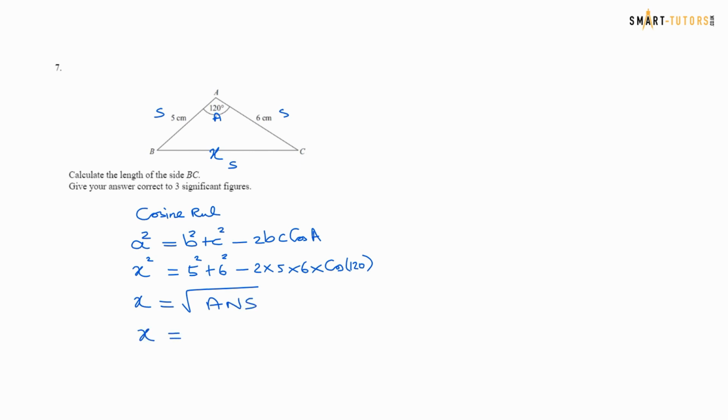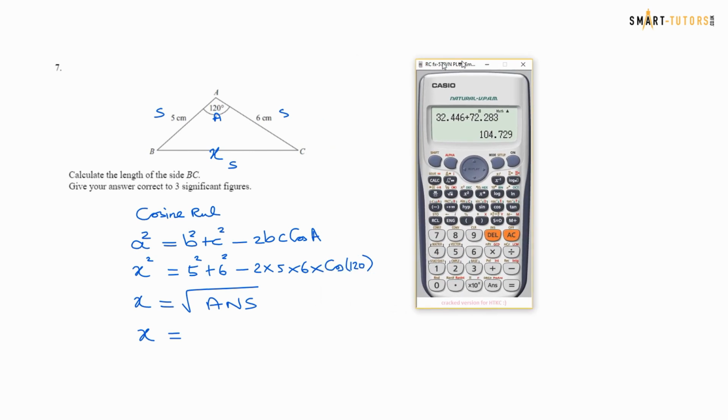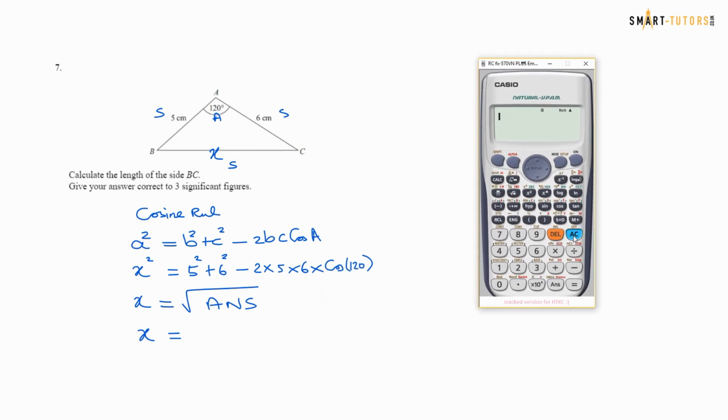Let's press the calculator. Square root of 5 squared plus 6 squared minus 2 times 5 times 6 times cosine 120, which is the root of 91.